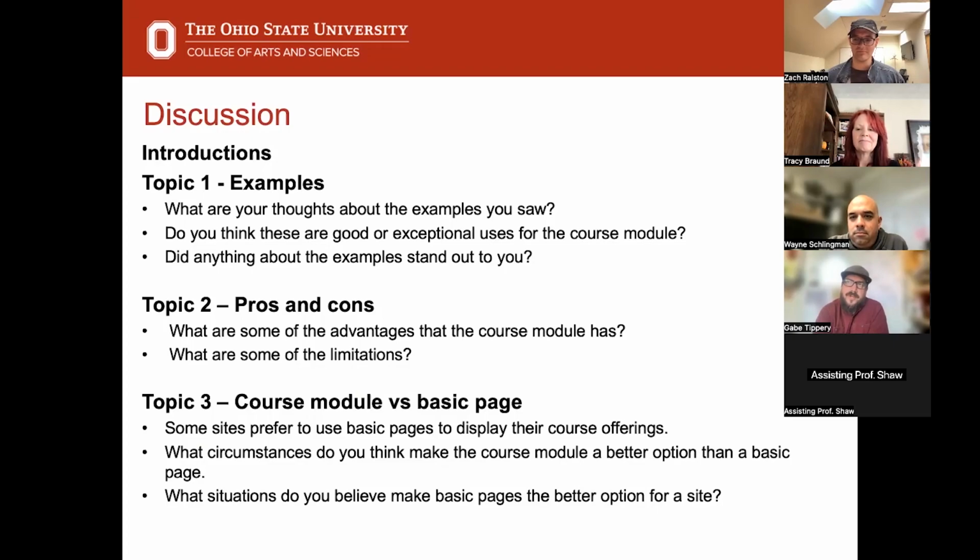I think the other real pro to the courses module is that it does give you a very easy way to jump into having course pages at all, right? If you don't currently have any resource like this and you feel like your site users need a resource like this, the courses module is the easiest point of entry.